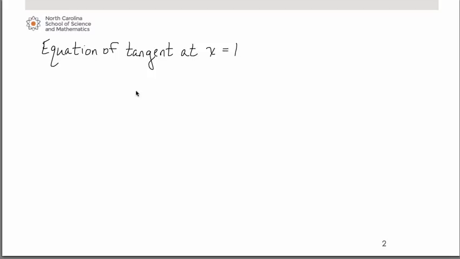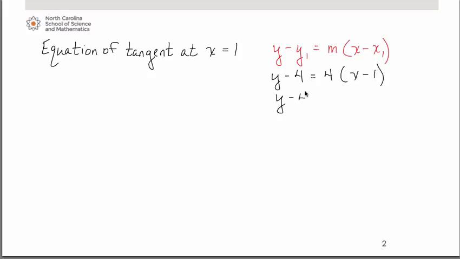In order to do that, we're going to make use of point-slope form of a line. Recall that point-slope form of a line is y minus y1 equals m times the quantity x minus x1. And all we need to do is substitute in. We have y minus 4 equals 4, which is the slope, times x minus 1.